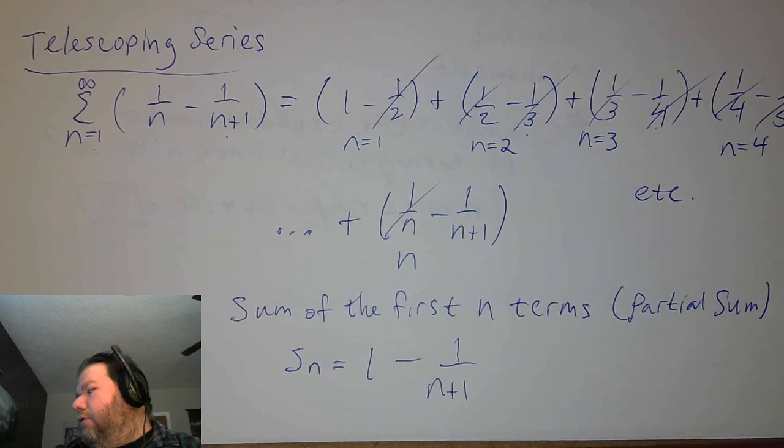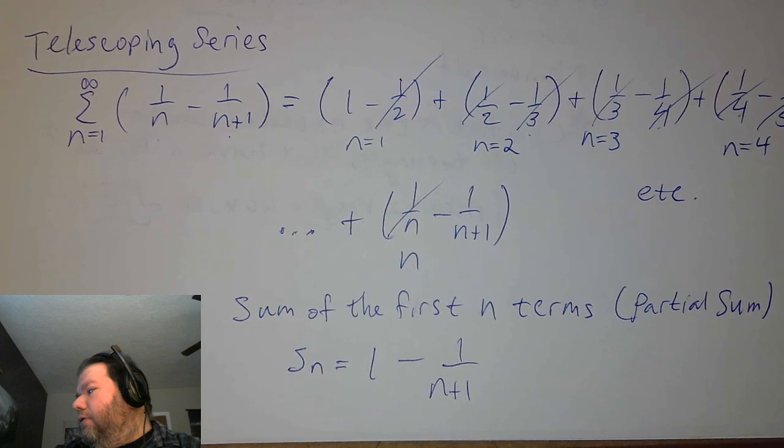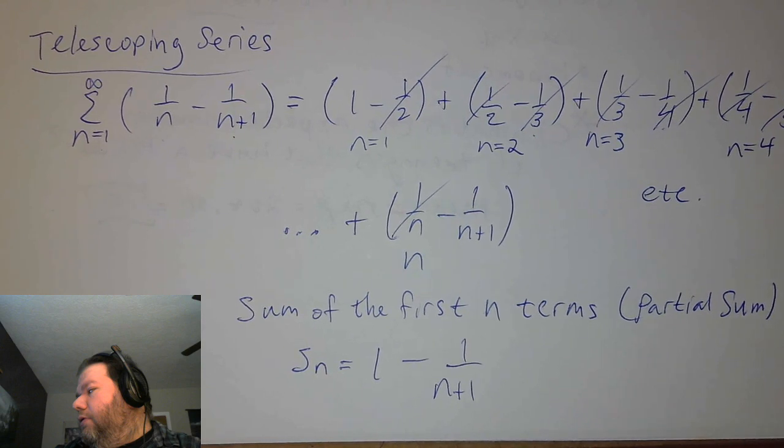What makes the partial sum especially useful here is that we can now determine the convergence or divergence of the series based on that. It's not always possible, but in this case it happens to be possible. This is the sum of the first n terms. What happens if we let n go to infinity? That's one way that we can determine convergence and divergence.